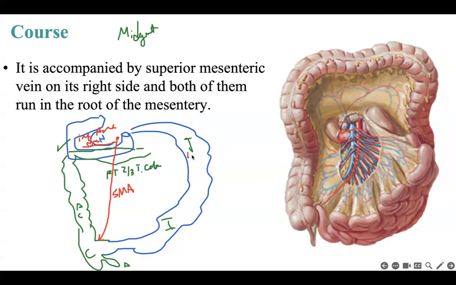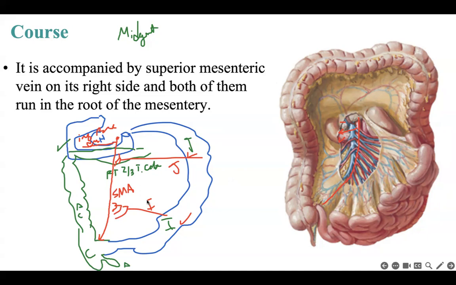After that it will supply the jejunum and the ileum, so it gives jejunal branches and ileal branches, the arcades. The jejunal branches go to the jejunum and the ileal branches to the ileum. So now it supplies most of the small intestine.